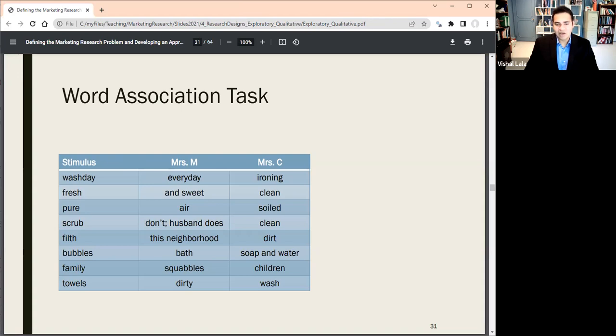Mrs. C, on the other hand, I don't know if she enjoys it, but she clearly cares a lot about clothes being clean. She's somebody who might go to great lengths to ensure the clothes are done well. This might be very useful for a company that makes detergent, like Procter & Gamble, which makes a very large number of detergent brands, like Tide and Cheer.